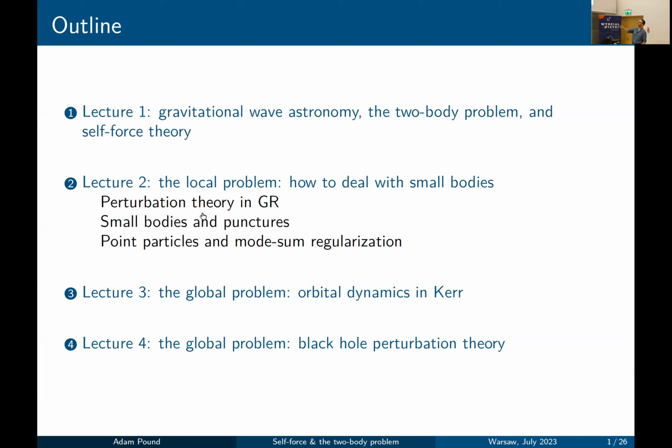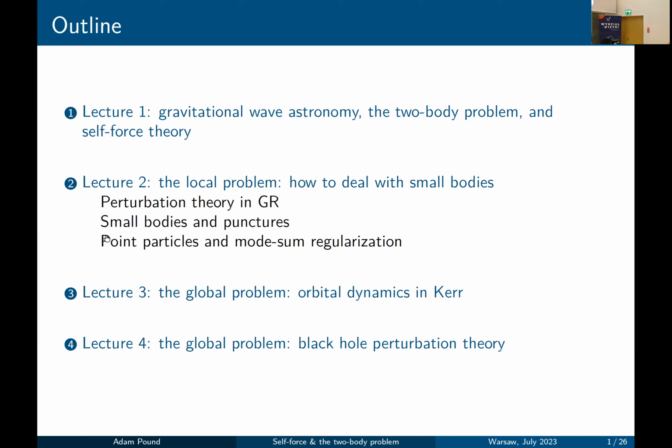I'll then explain what we do once we put a small body into the spacetime, and introduce this concept of punctures, where we're really throwing away irrelevant details about the body and just encoding everything in a singularity. I'll then relate that to what we mean by a point particle and something called mode-sum regularization.